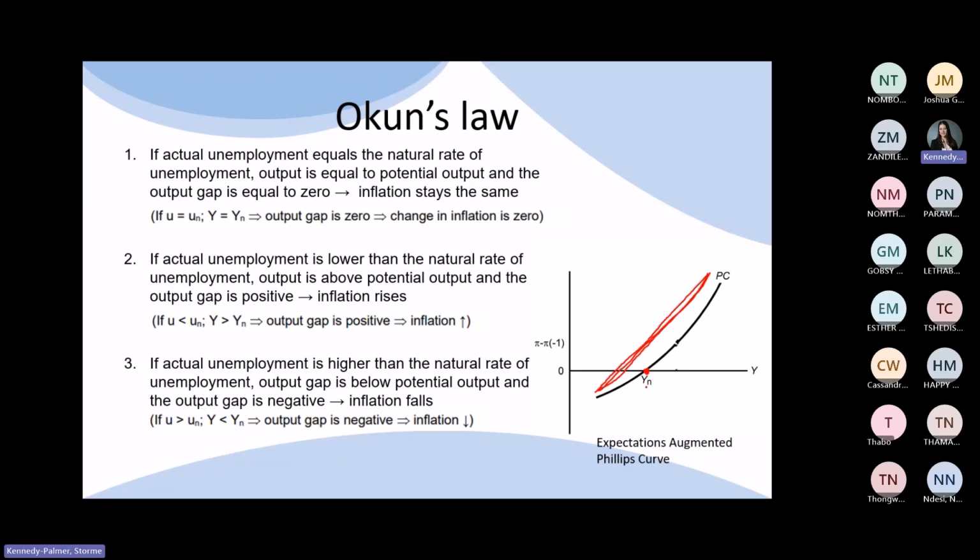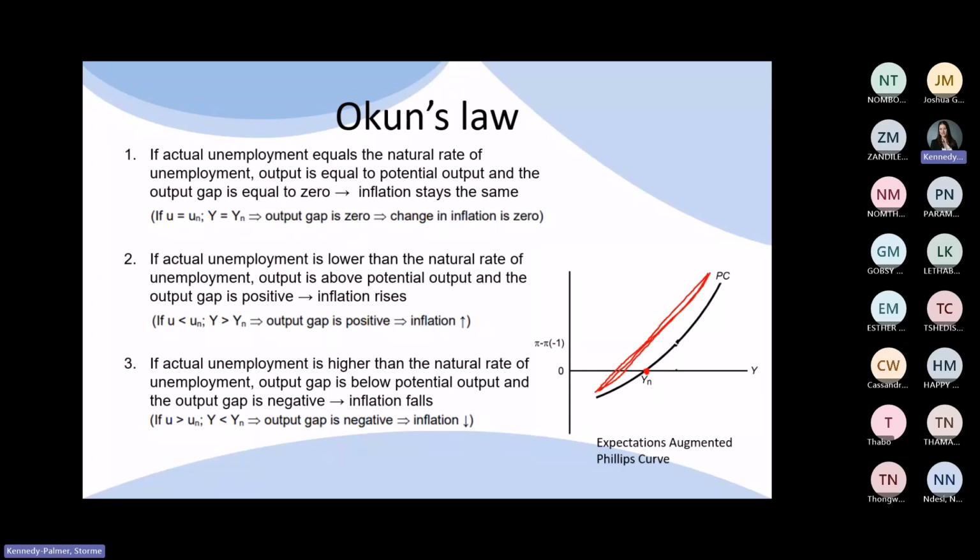So that's the only position on this graph that we could be. If the output gap is zero, we are definitely at this point that I've indicated here, where the PC curve crosses the horizontal line of output and our change in inflation is equal to zero.